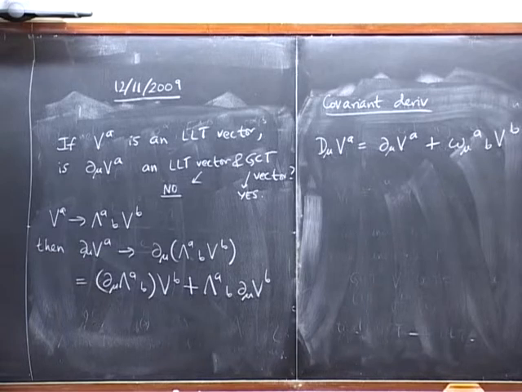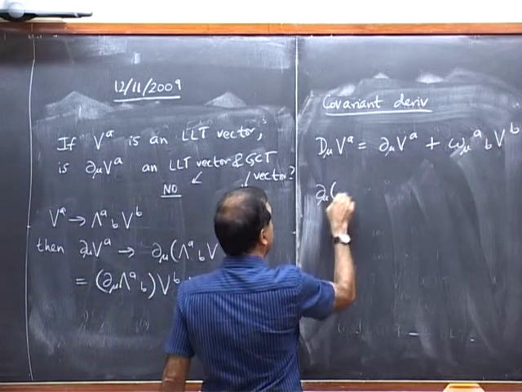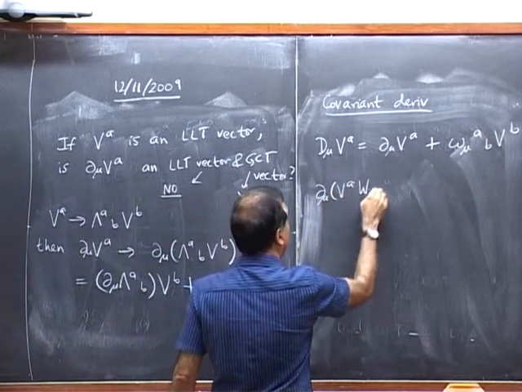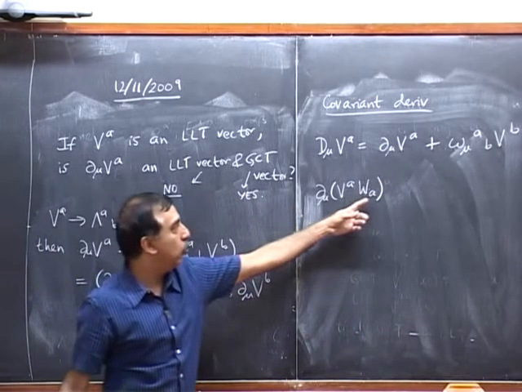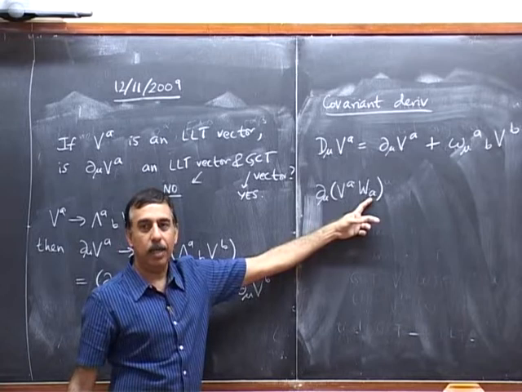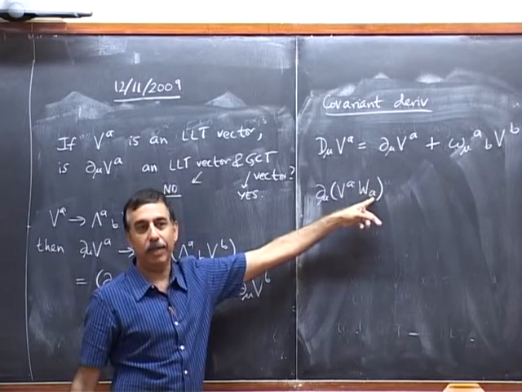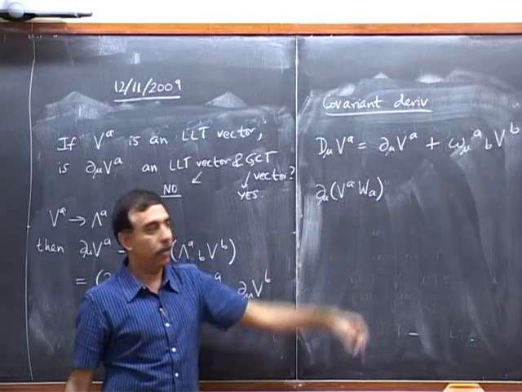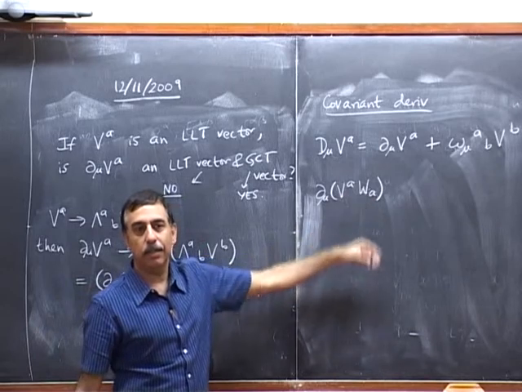So now let's find out something about omega. So for that, let's assume the following. D mu of VA WA. WA is a covariant vector under LLT, but it's nothing but this contravariant vector which has been lowered by eta AB. It's quite trivial. Okay? Anyway, whatever it is, this thing is an LLT scalar.